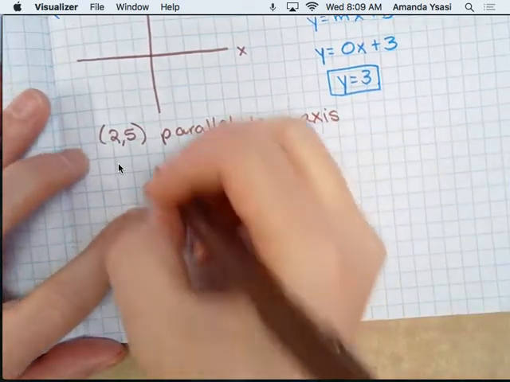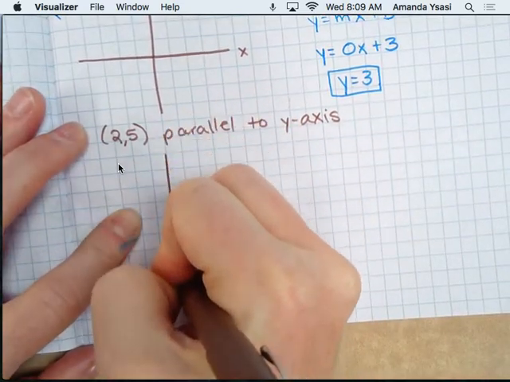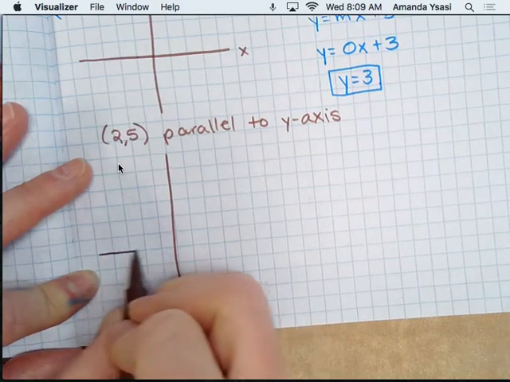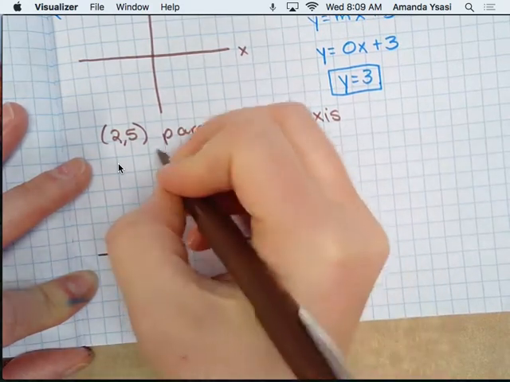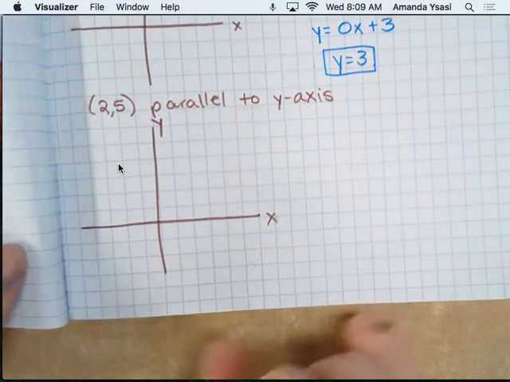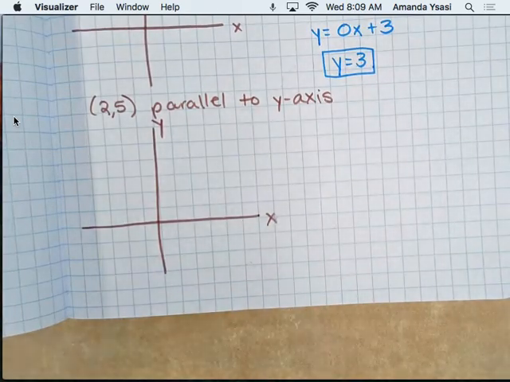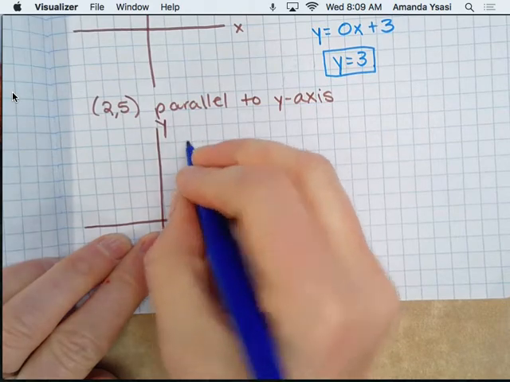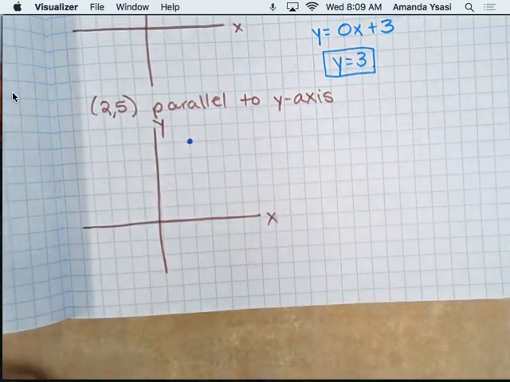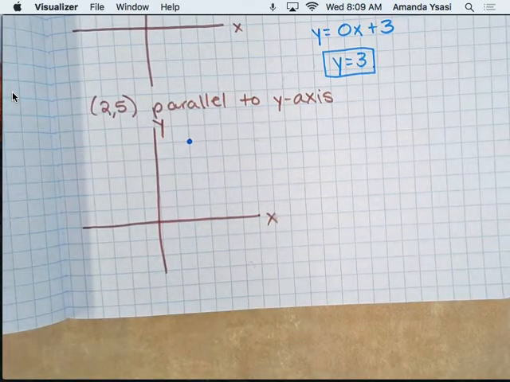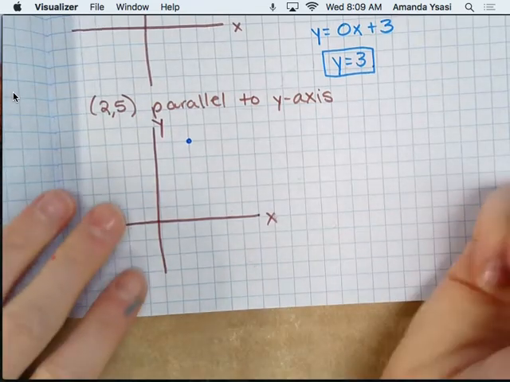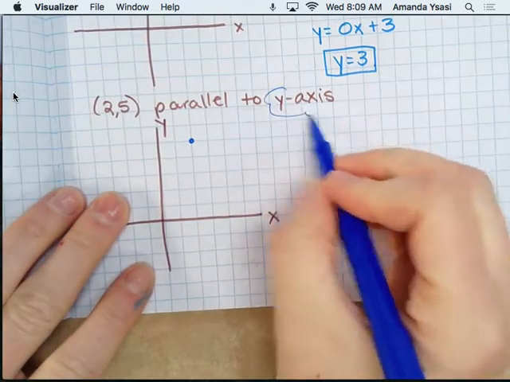All right, so let's draw. I'm going to give myself a little bit more room this time because I know 2, 5 is up a little higher, over 2 and up 5. But this time it says parallel to the y-axis.